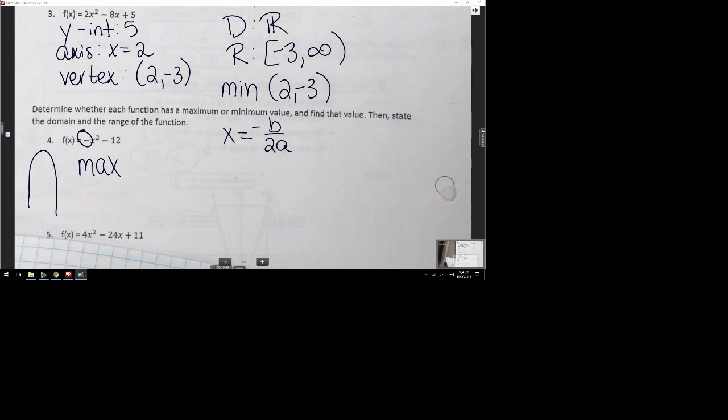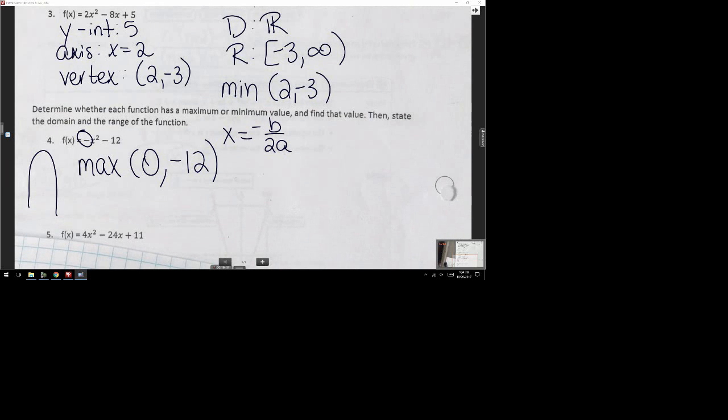So it is 0. When you divide 0 by anything, you still get 0. So your maximum or your vertex is the same as your y-intercept.